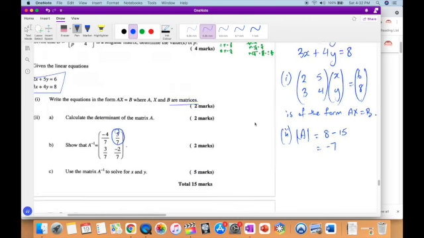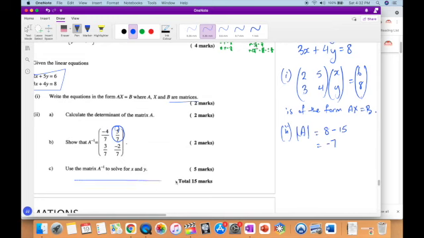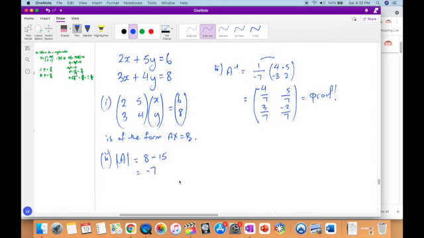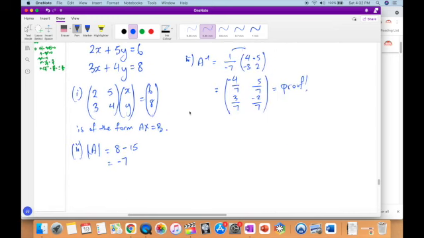So now that you have A inverse, use the matrix A inverse to solve for x and y. So, part 4. X is equal to A inverse times b, which is [negative 4 on 7, 5 on 7; 3 on 7, negative 2 on 7] multiplied by b, which is [6; 8].